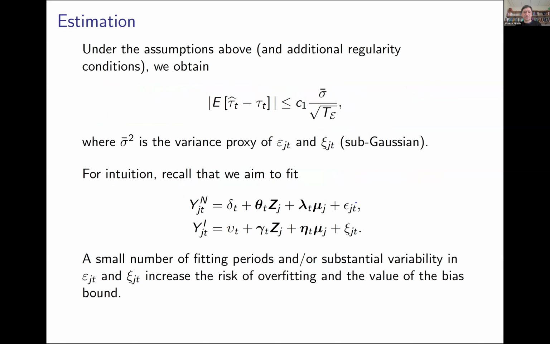Then under these conditions, you can establish a bound on the bias of the synthetic control estimator, and this bound is going to depend on this ratio here, where sigma bar square is the variance proxy of the epsilon xi's that are sub-Gaussian under our assumptions, and then in the denominator you have the square root of the number of fitting periods. So what is this about, and why do we have this bound?